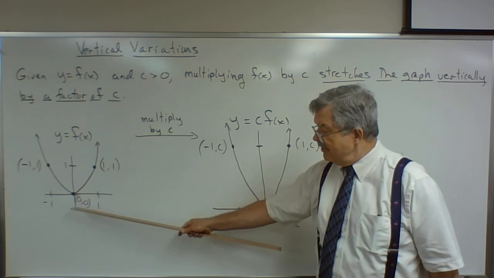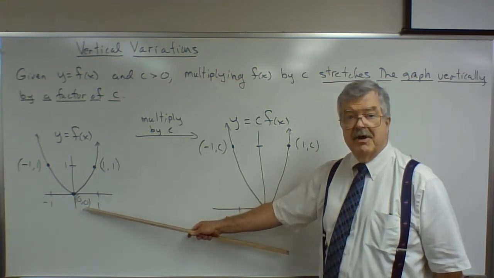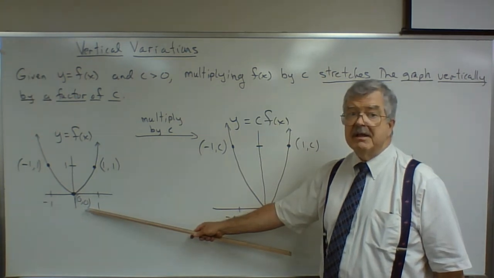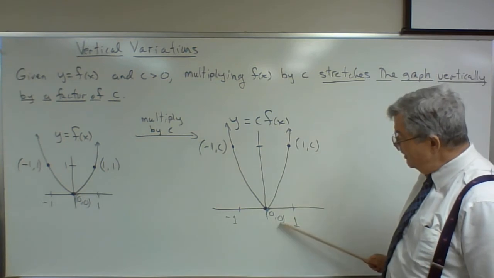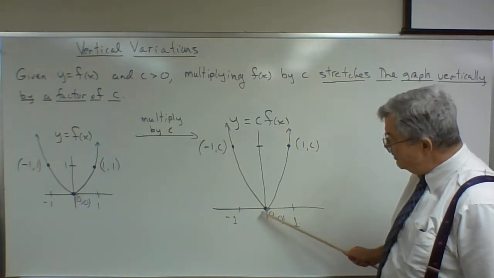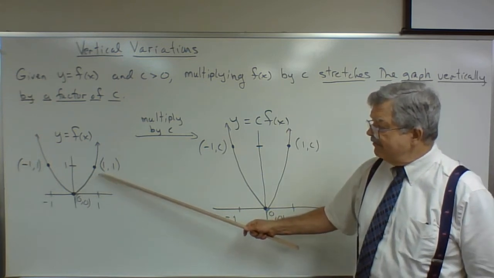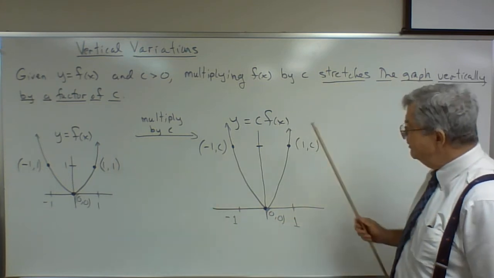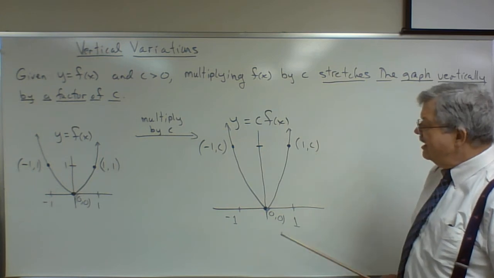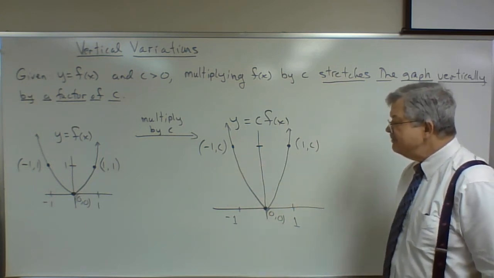And when x is 0, we take the y coordinate of the old graph, which is 0, and multiply it by c. C times 0 is still 0, so this point isn't changed. Then we look at the point where x is 1, and we multiply the y coordinate by c. C times 1 is c.